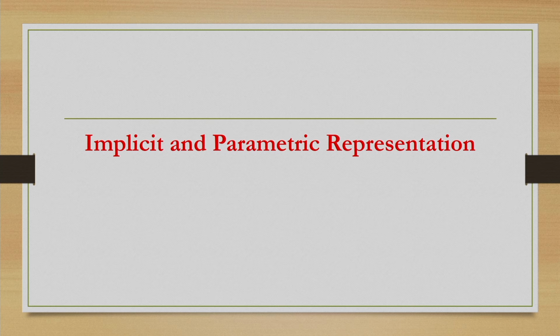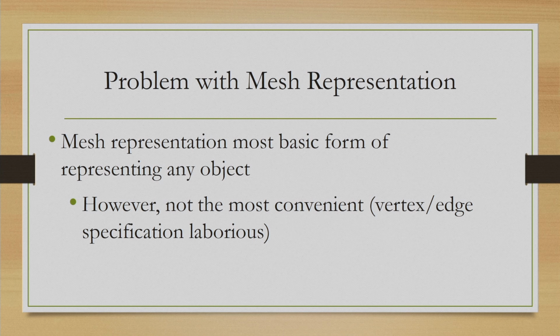Next, let us move to the other two representations, implicit and parametric representations. Now, although we said that mesh representation is the most fundamental type of representation, for a developer it is not necessarily a very convenient mode of representation, because for complex surfaces, first of all, it is very difficult to determine how many polygons should be used to create a mesh.